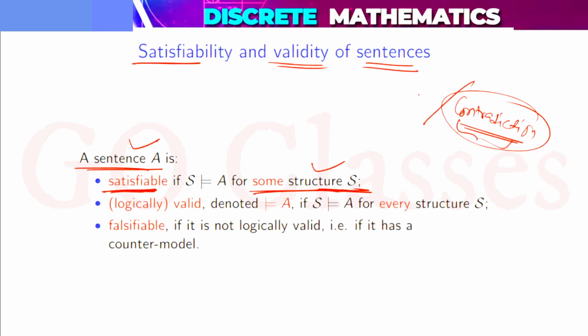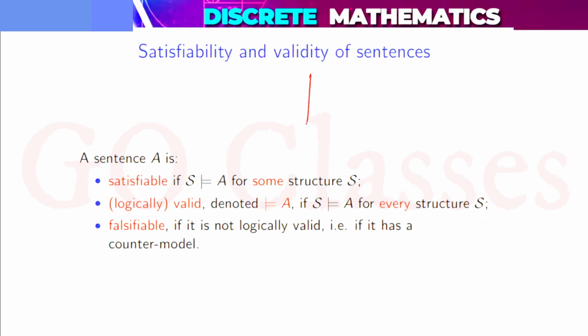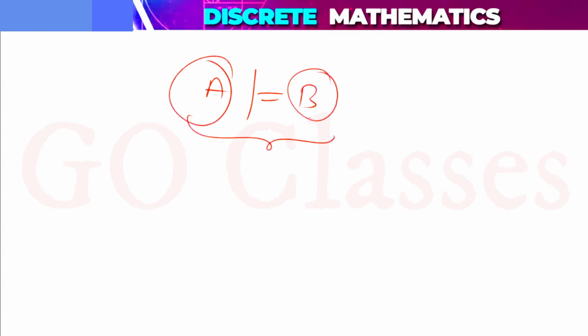Sir, what does this symbol mean? Yes, this symbol is a standard symbol for inference. Inference means, let's assume if I say this, then it means that A implies B. Or you can say that whenever A is true, then B is true.